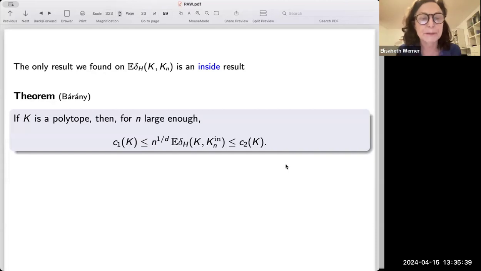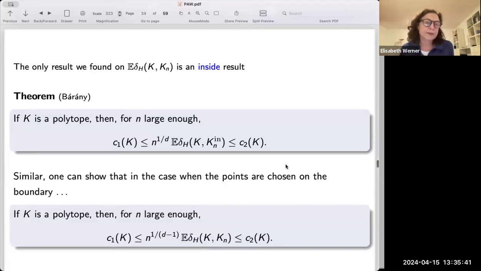Seeing this result by Barani, it was easy to show that if K is a polytope, and now we choose the points on the boundary of the polytope K and not inside, then we'll get a similar estimate, namely the expected Hausdorff distance between the polytope K and the random polytope Kn, now times n to the 1 over d minus 1, is again bounded above by some function C2 of K and below by some other function C1 of K. And of course, they are not the same C1s in the situation inside and on the boundary.